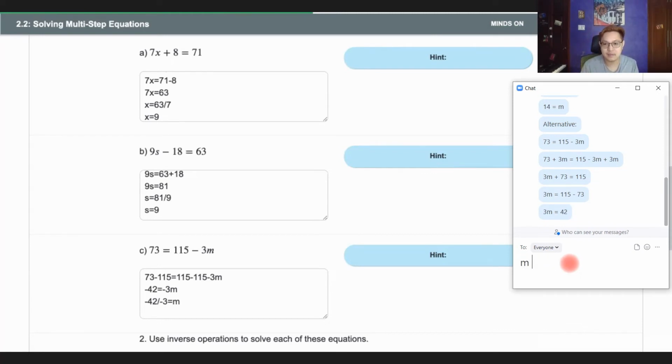And of course, m equal to 42 divided by 3, so m equal to 14. The whole point is to make everything positive. It's easier to deal with it that way. So you see, the more negatives you have there, the more likely it is for you to make mistakes.